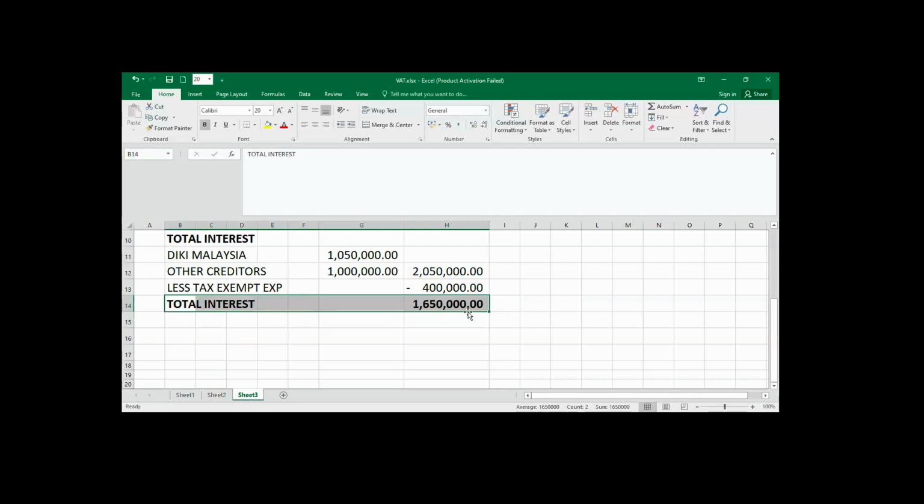This 1,650,000 is what you are supposed to state in our accounts.